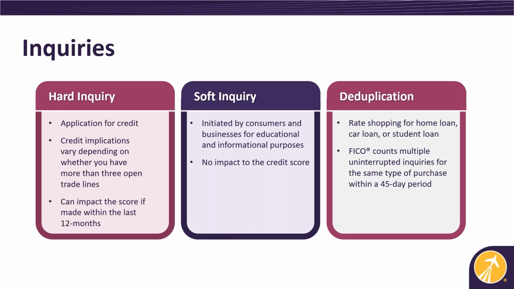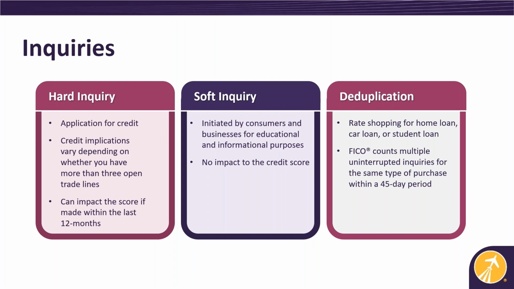Inquiries, this is that section on the report that we talked about with hard and soft inquiries. Specific rules that we've listed here, car loans, student loans, or home loans do operate a little bit differently. But hard inquiries, soft inquiries, this is where you can monitor the credit report itself, your personal information. Soft inquiries is where, even if I'm polling, we're looking at soft inquiries.